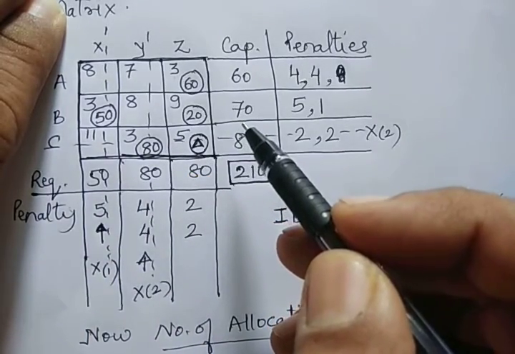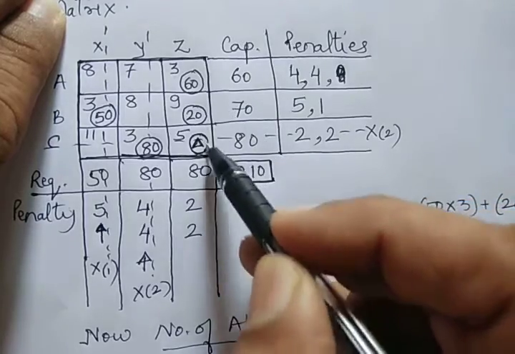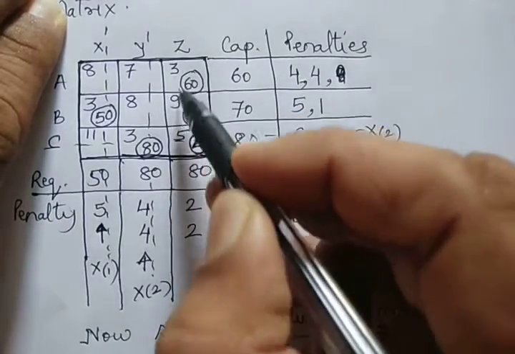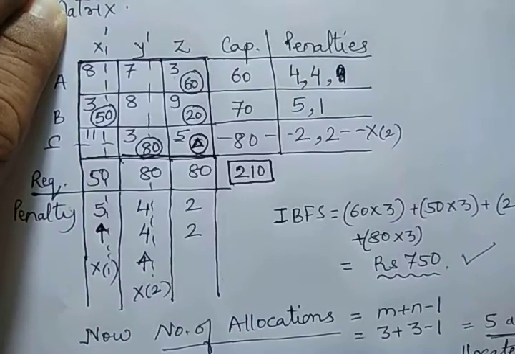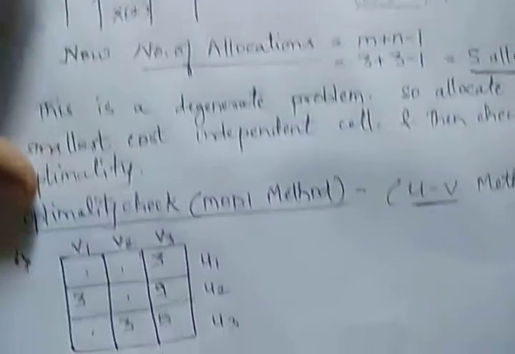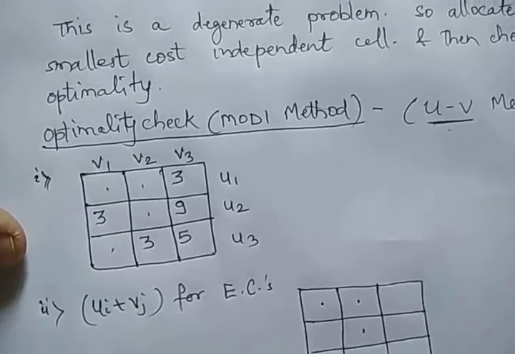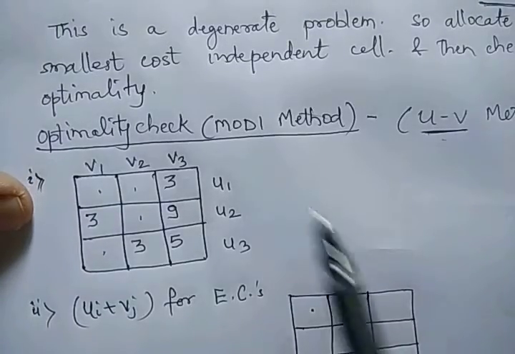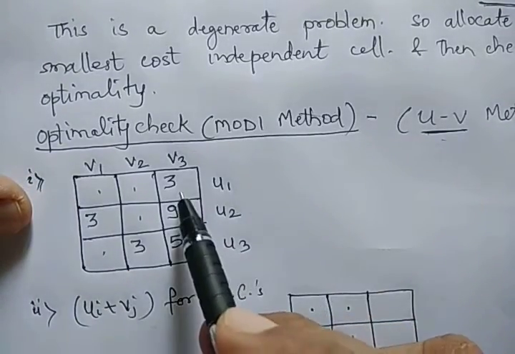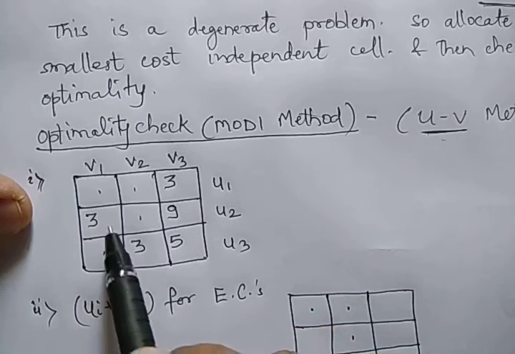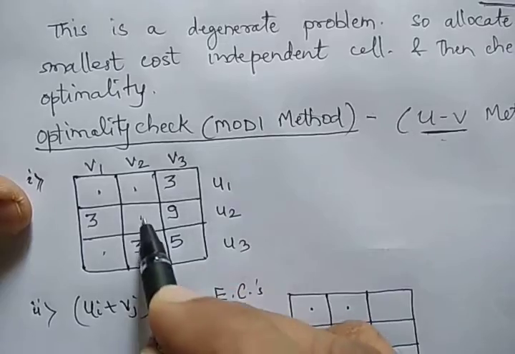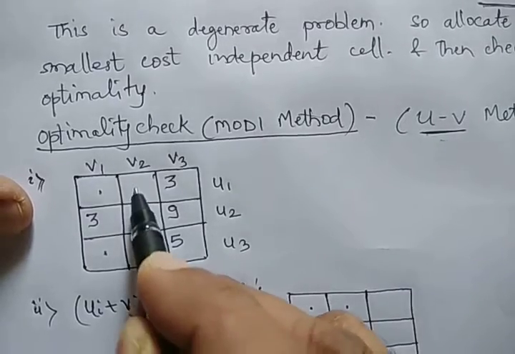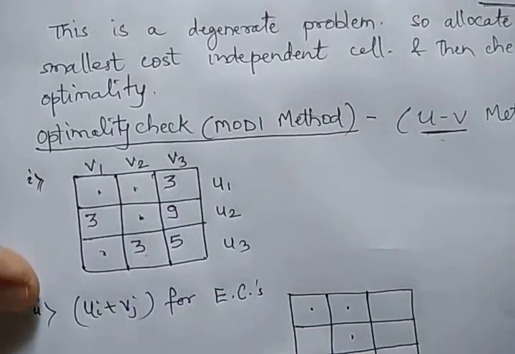So in the new matrix now, where we have got the allocations, write the unit transportation cost for those allocated cells only. Step number 1 for the optimality method. So we have got the allocations here, so I have written the unit transportation cost.